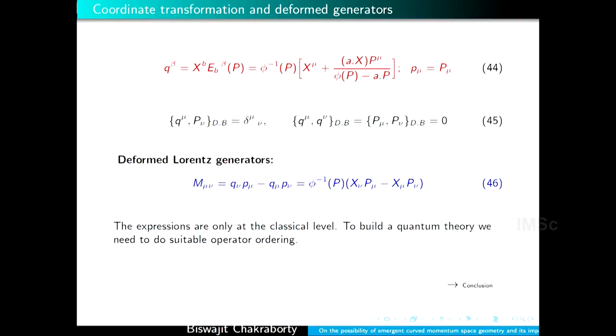You can see that at the classical level itself there is a deformation. So Lorentz generators are indeed deformed. Capital P undergoes no transformation, while small p transforms as shown in equation 44. So the generators are indeed deformed, as can be seen at the classical level itself.